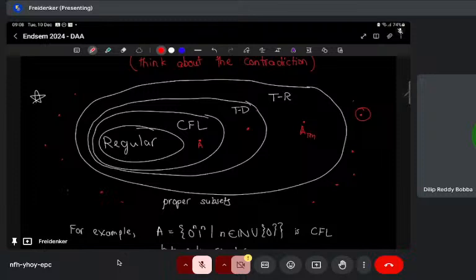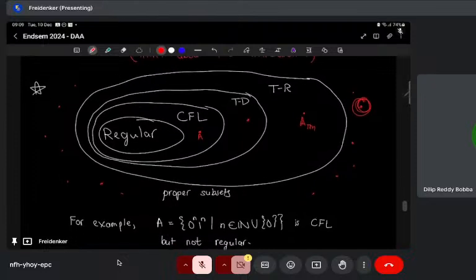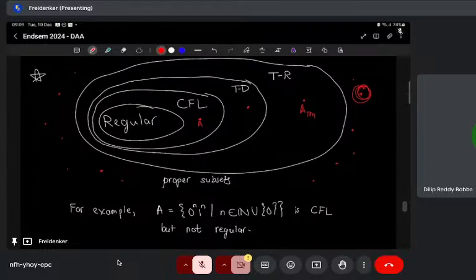So ADFA will fall somewhere over here, but where exactly you have to see. But ATM lies here. ATM is not Turing decidable, but it is Turing recognizable, so it falls over there. And we are searching for that one trivial example that is Turing unrecognizable. So we'll see.